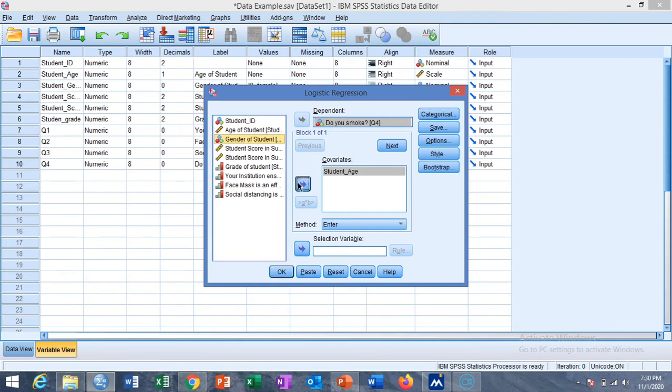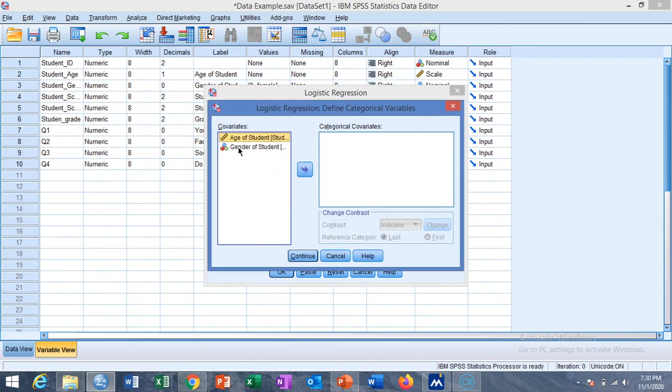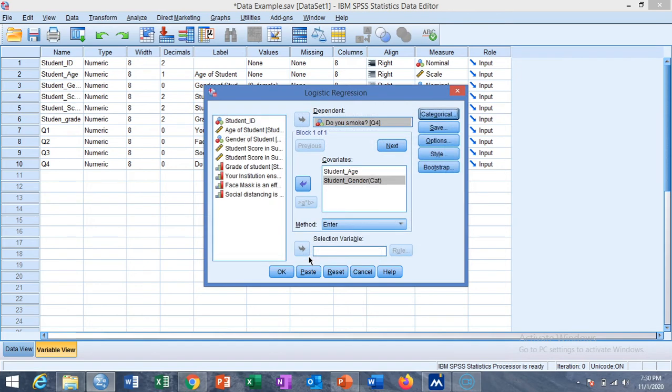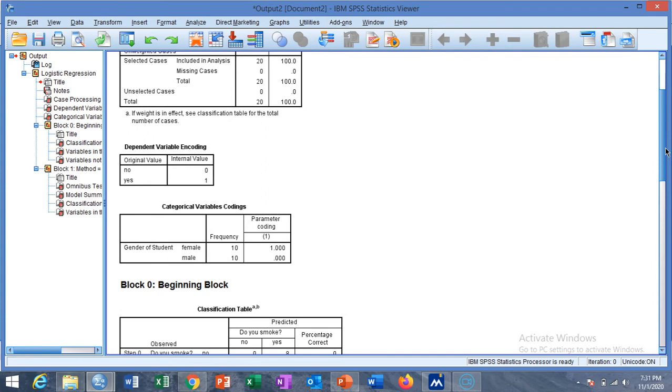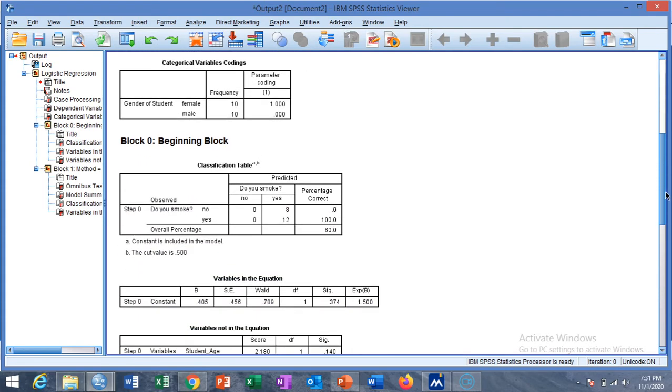First include it in the covariates, and then include the gender variable in the categorical covariates, and then click on Continue, and then click on OK. You will see the results of the logistic regression.